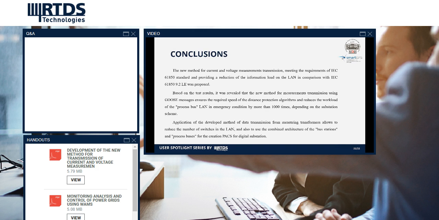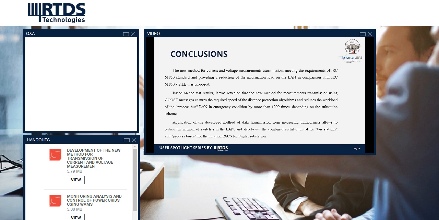We have seen that the new method for measurements transmission using GOOSE messages ensures the required speed of the distance protection algorithms and reduces the workload of the process bus LAN in emergency condition by more than 1000 times, depending on the substation scheme.